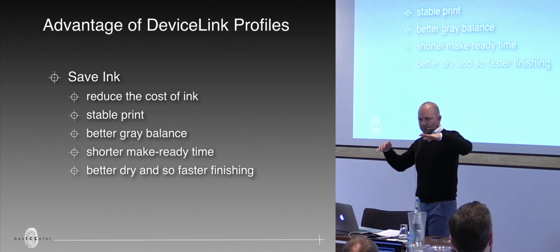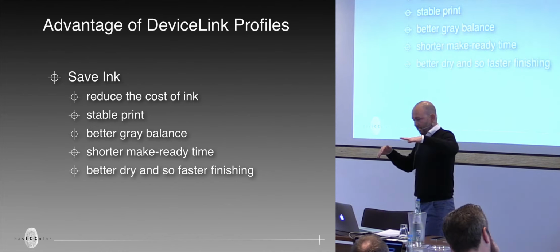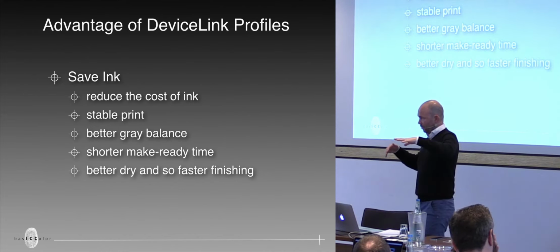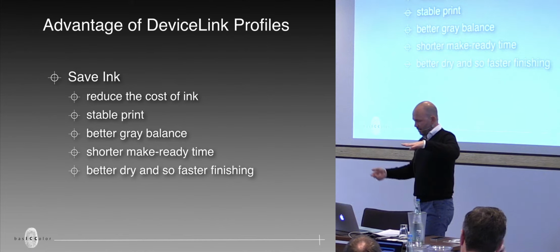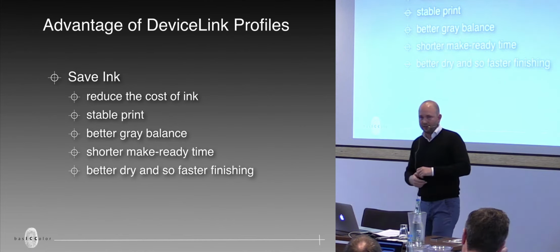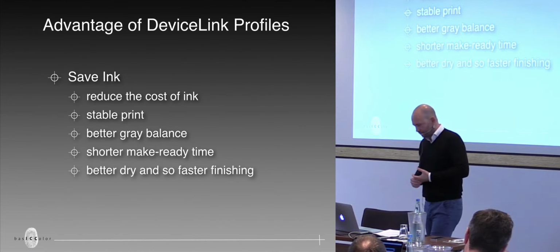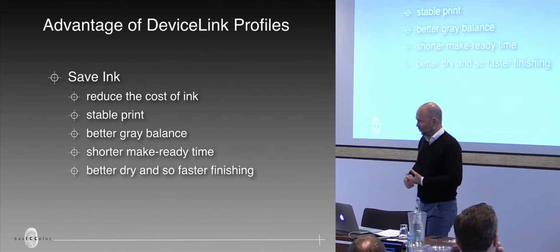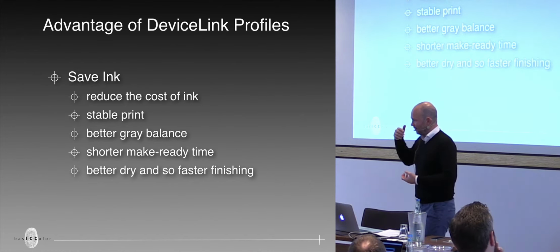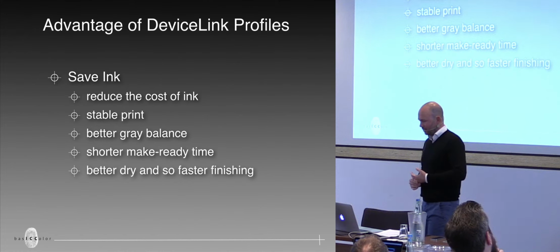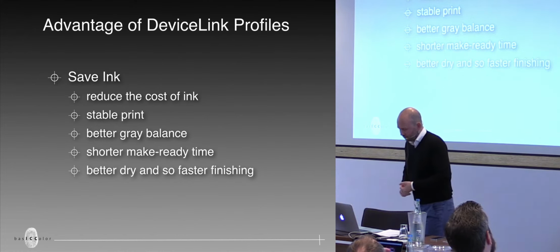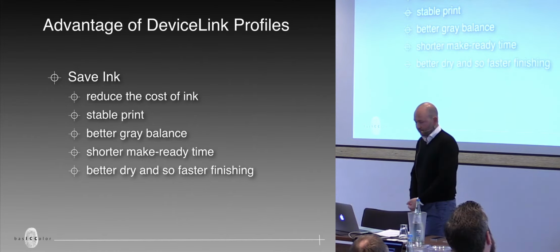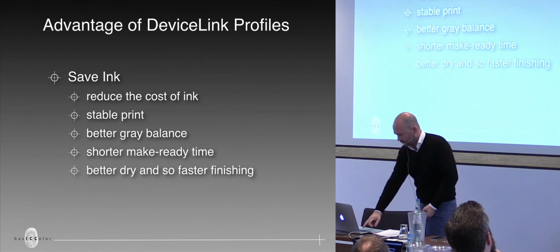So reducing the amount of ink, of colors, cyan, magenta, yellow, results in reducing the cost, of course, because you don't need to buy and print so many cyan, magenta, yellow. More stable print, shorter make ready time, better dry, and so faster finishing.